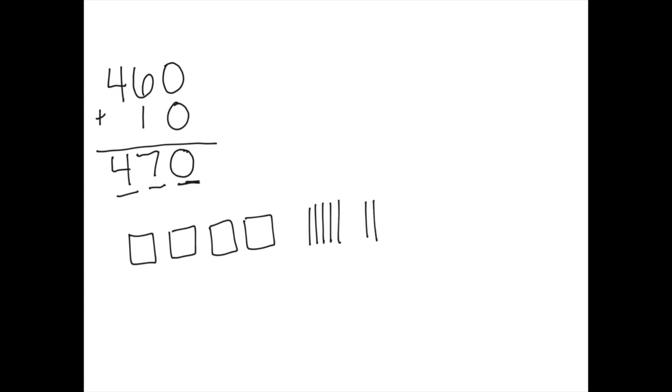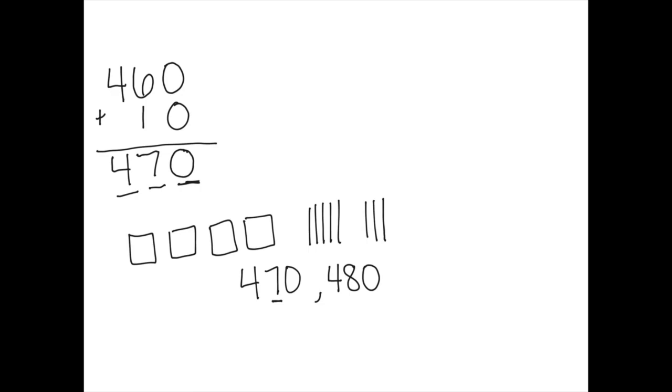So I know that this picture has a value of 470. What happens if I add another 10 stick? If I add 10 more to 470, my 7 tens changed into 8 tens. So that means I have 480.